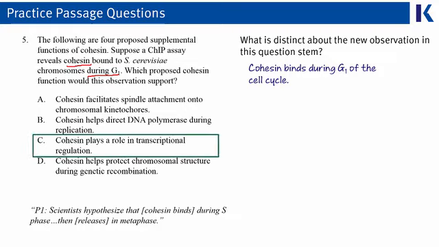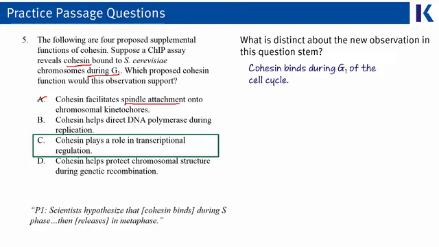And the answer is transcription. Of these various cellular functions, only transcription is actually occurring in G1. So the fact that cohesin binds during G1 may support the hypothesis that cohesin plays a role in regulating transcription.